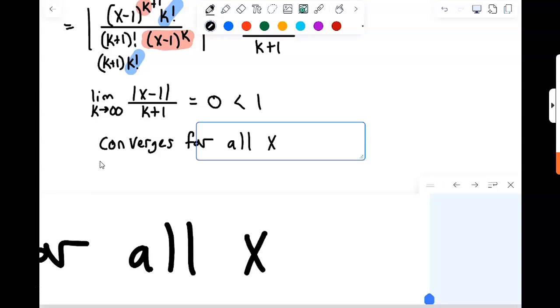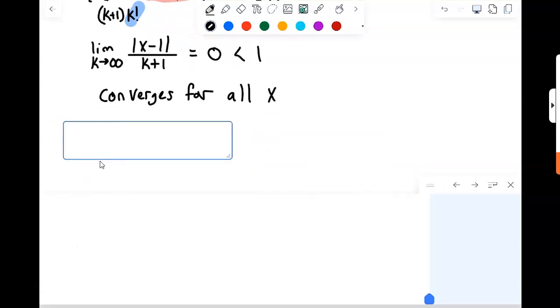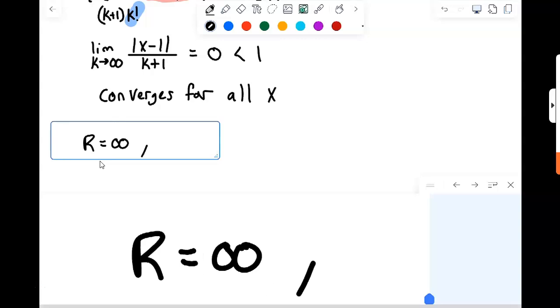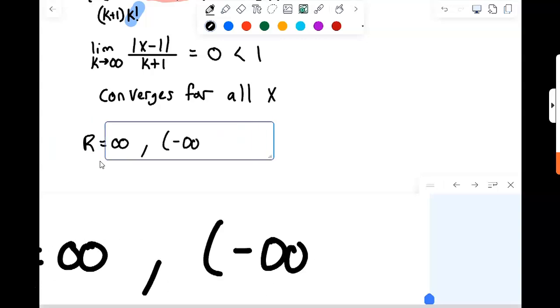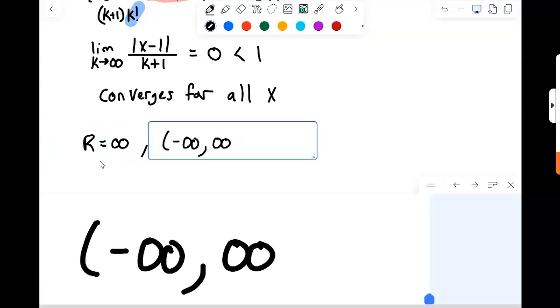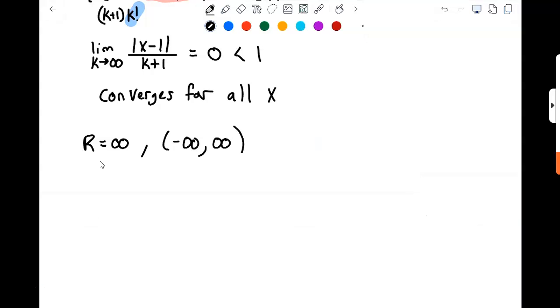So it turns out this power series is actually going to converge for all values of x. And so that means the radius of convergence is infinity. And therefore it converges from negative infinity to infinity. And of course, in that case, we're never including the endpoints because infinity is not a number.